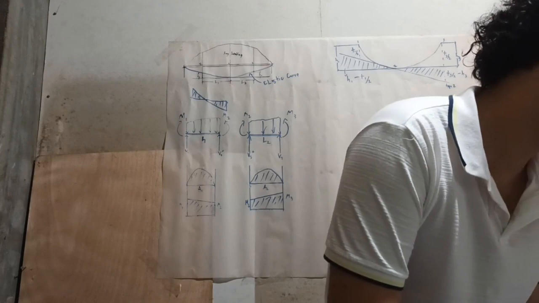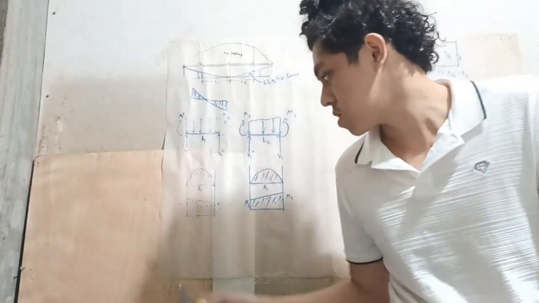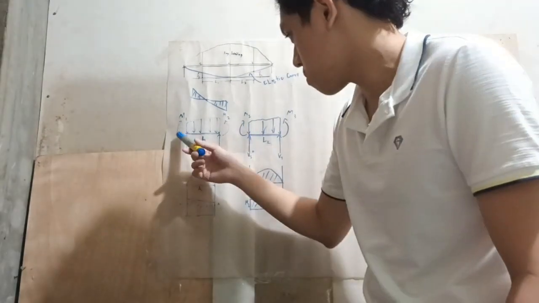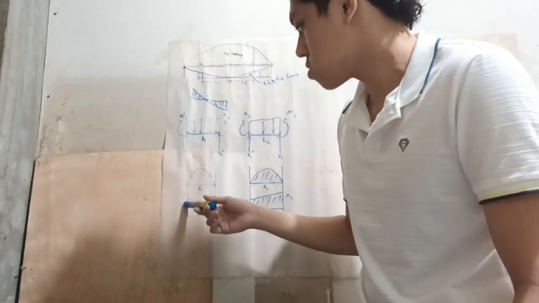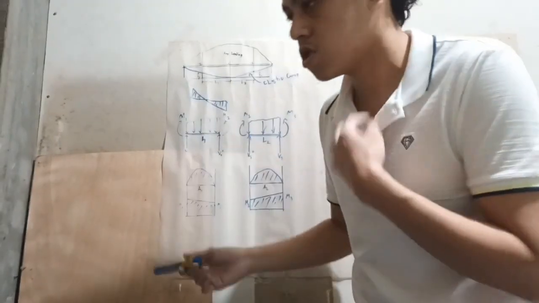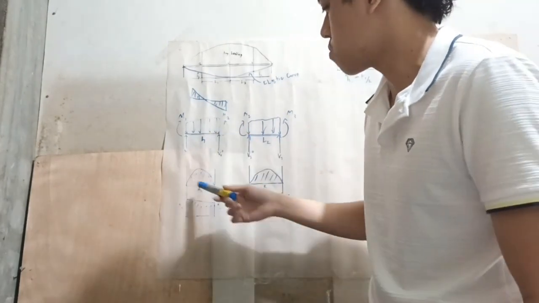We call this the moment diagram due to the internal moment. So M1, which is clockwise moment, is added, then subtracted in the shear diagram. Then we also have minus for M2 going down.